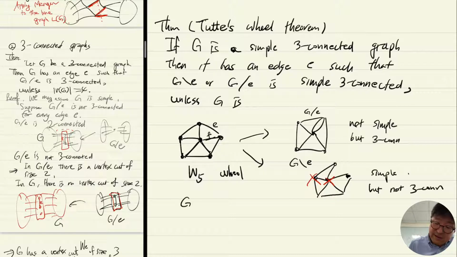How about F? If I contract F, then again I have, yes, this is G contract F, and it's not simple. How about deleting F?